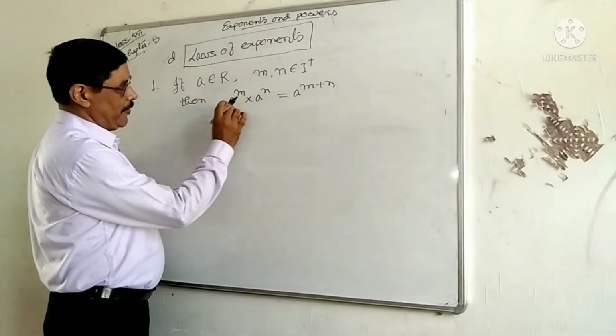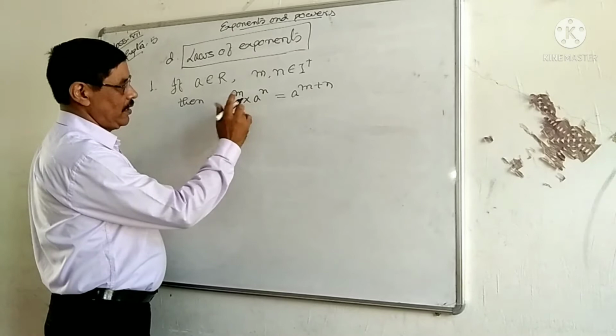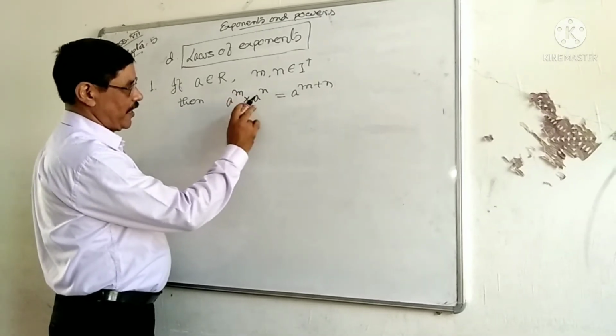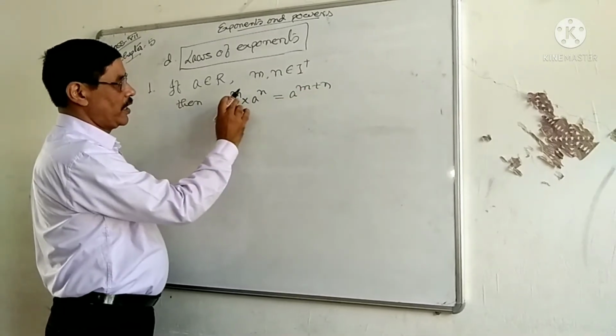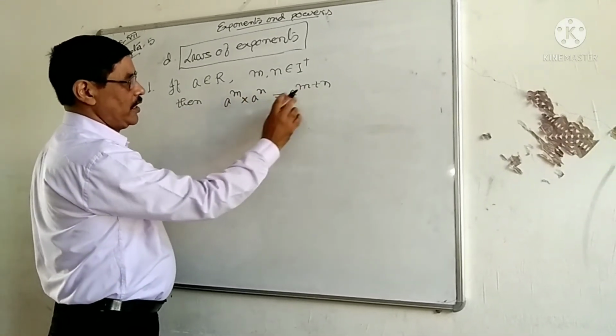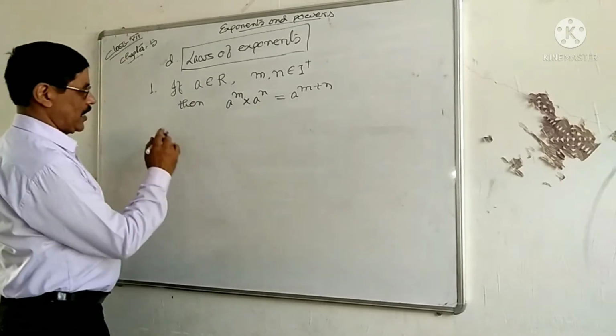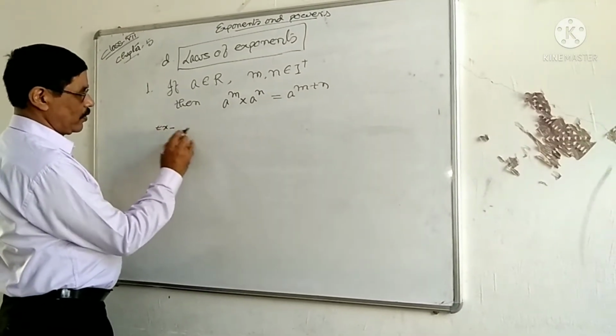That is, if the bases are the same and they are multiplied, their powers will be added. Let us take one example.